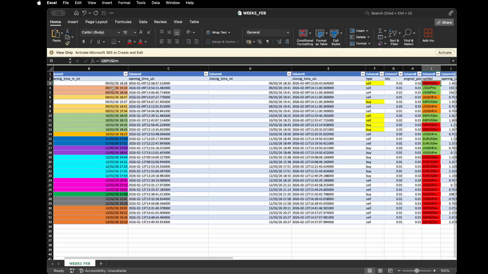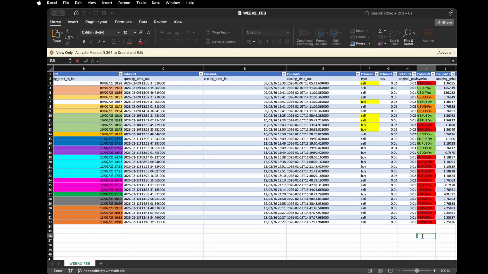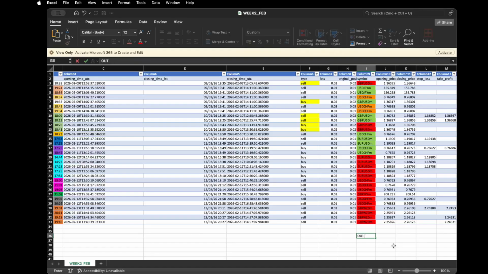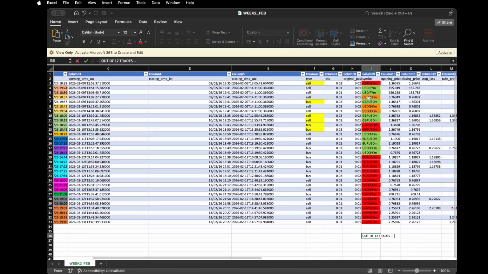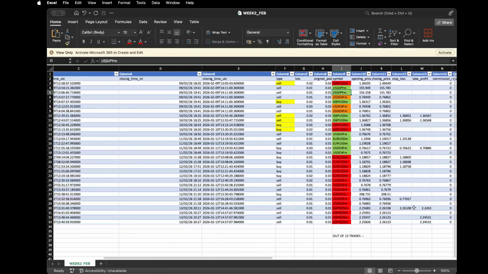Out of 12 trades, 6 were right, and I would have avoided all these trades if I had just followed the no overtrading rule.